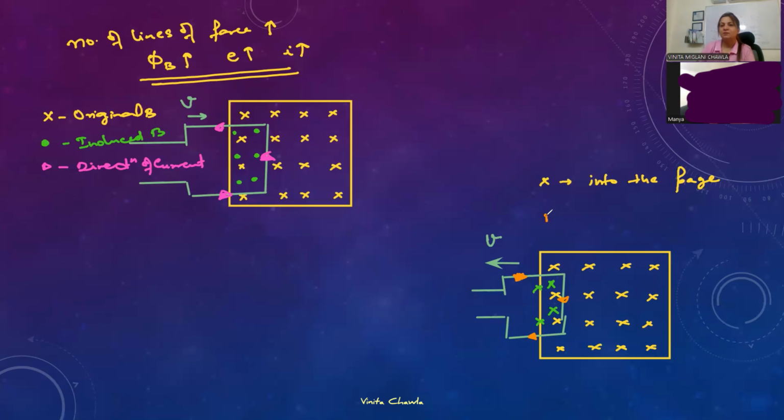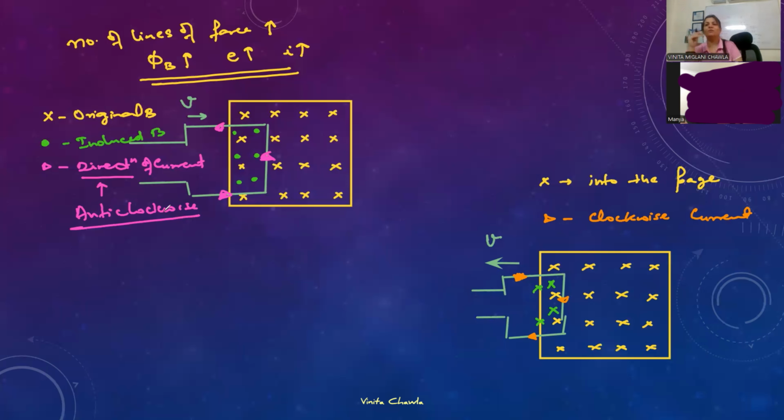So current is now flowing clockwise. In the previous situation, how was the current flowing? Anti-clockwise. Now it is flowing clockwise. So in this way, we can find the direction of induced current.